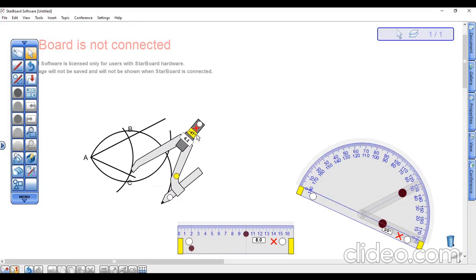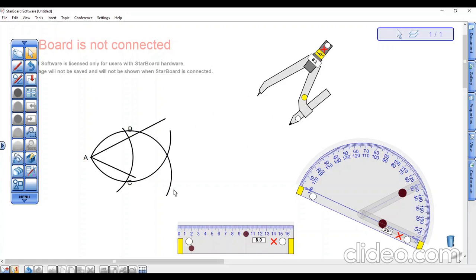Okay, you see that the two arcs coincide at this point here. I'll label it D.